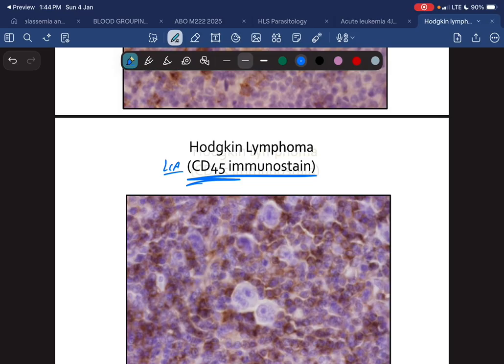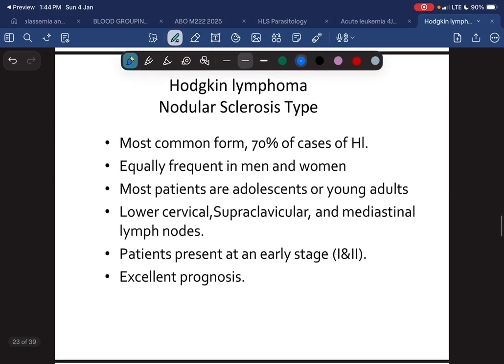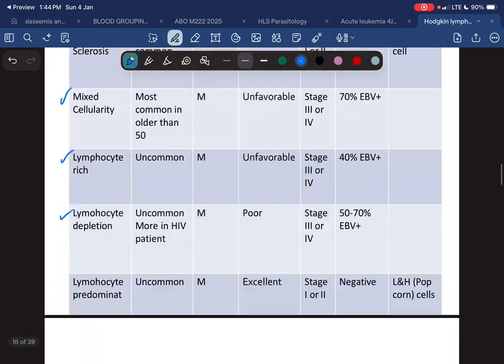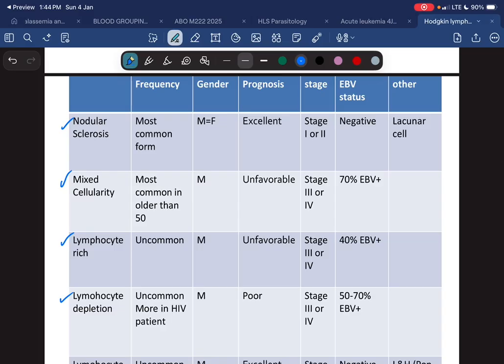Now, briefly, let us talk about a few subtypes of Hodgkin lymphoma. Nodular sclerosis type is the most common type. If asked about the most common type of Hodgkin lymphoma, it is nodular sclerosis, affecting men and women the same, with no gender preference, in the adolescent, younger age group.